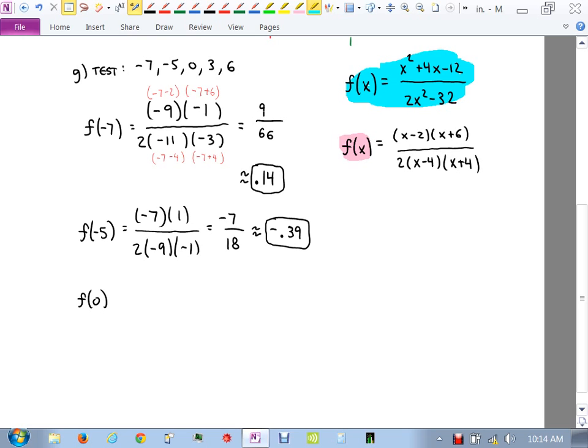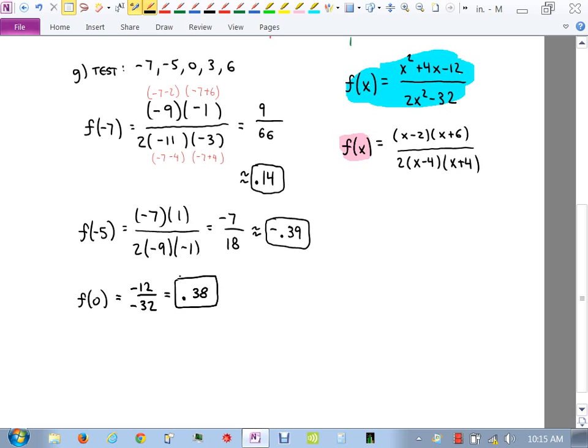Which leaves me with just negative 12, and then on the bottom, negative 32. See how clean it is to plug 0 into the top one? So I'll do it that way. And you have options here, whichever way you want to go. Negative 12 over negative 32 is .38. I'm rounding again. And it's positive.